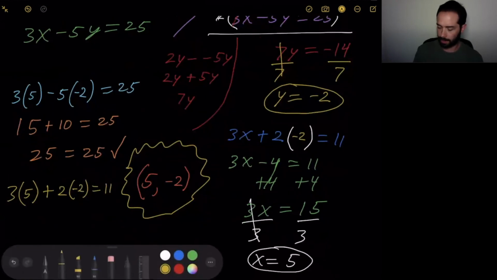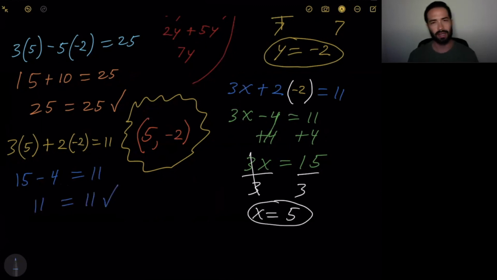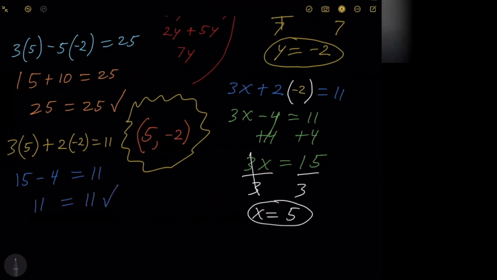All right, very cool. 3 times 5, 15. 2 times negative 2, negative 4 equals 11. And there we have it, everybody. 11 equals 11, check mark. Okay, so that's how we know that we got it correct.